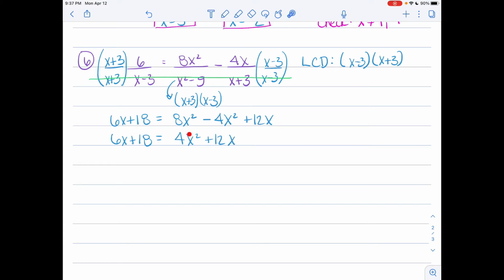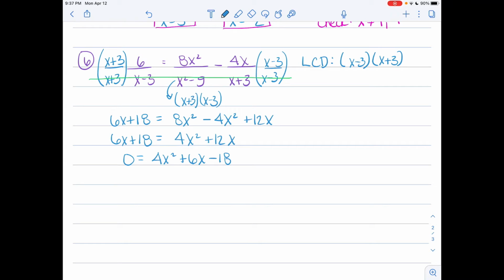This time, since my x squared term is on the right and positive, I want to go ahead and move everything to the right. So I'm going to say 0 is equal to 4x squared plus 6x, that would be 12x minus the 6x on the left, and then minus 18.